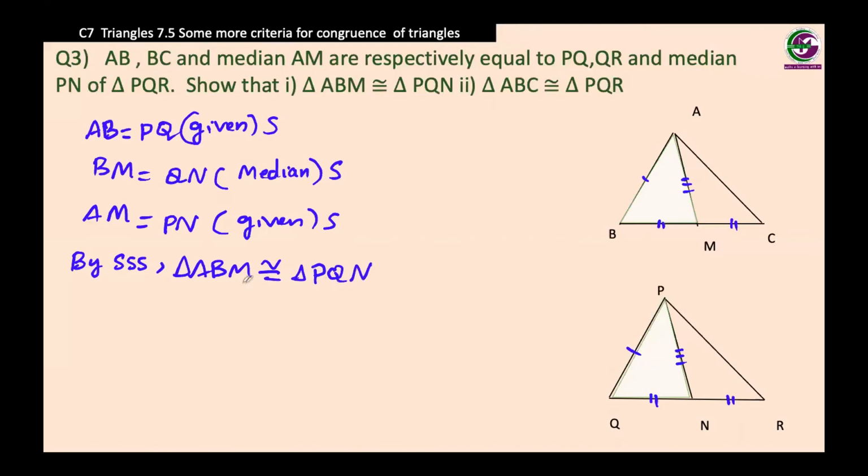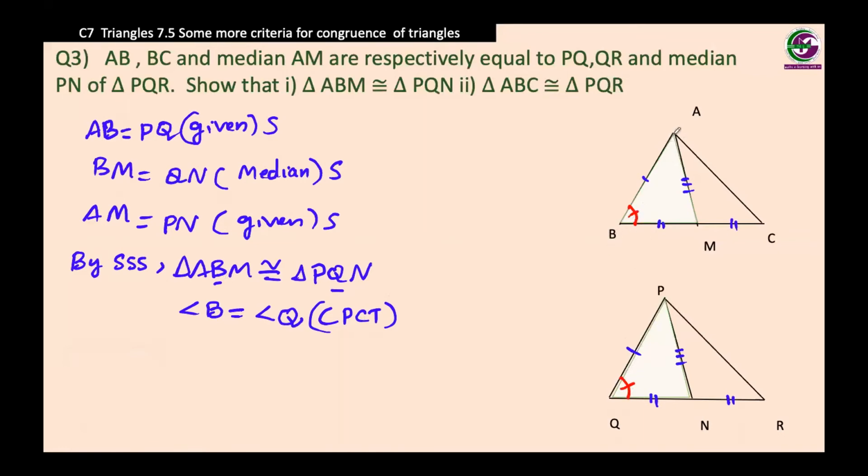If these two triangles are congruent, then corresponding angles are equal, which means angle B is equal to angle Q, by CPCT. So we have an angle now. So we have an angle equal from both the triangles.